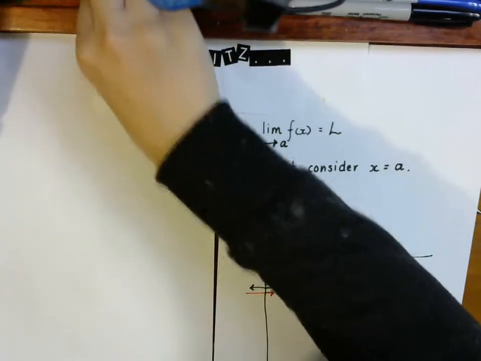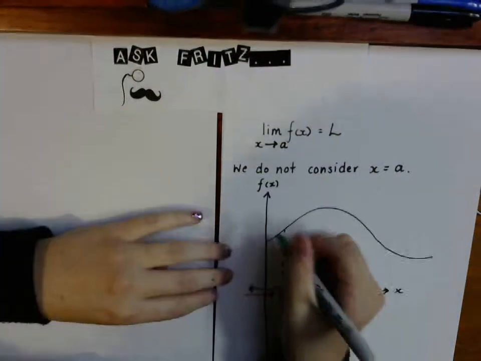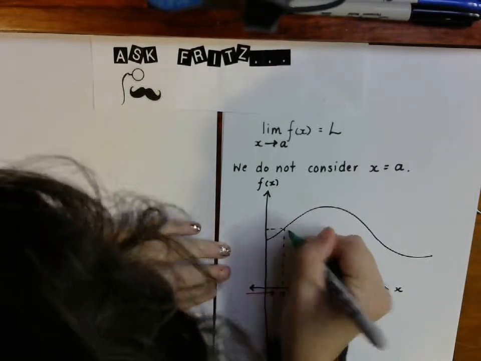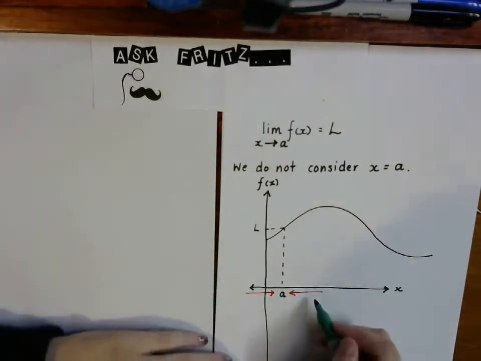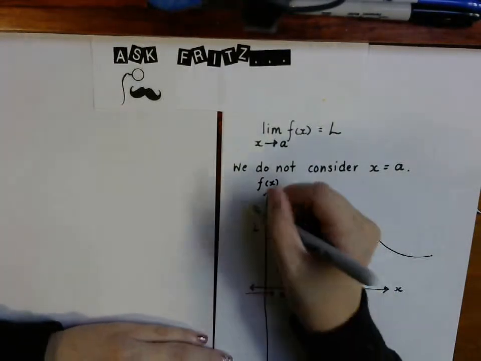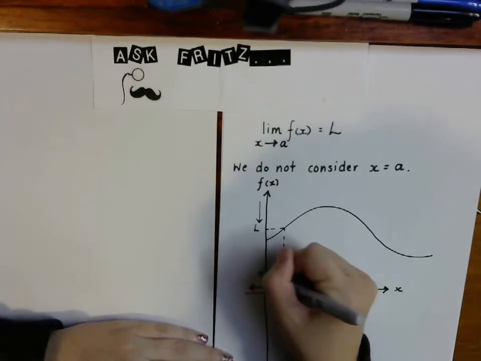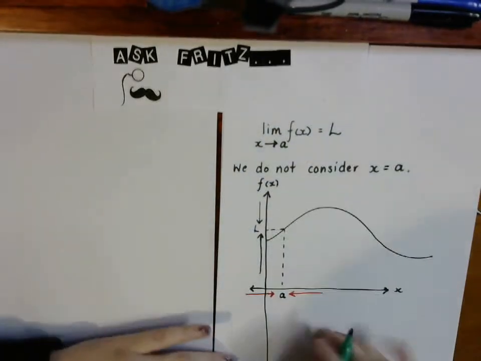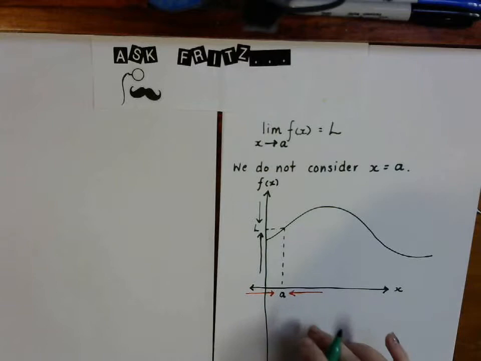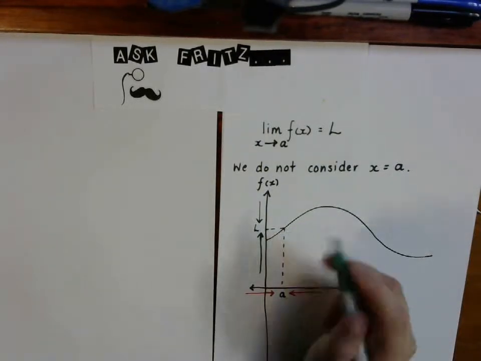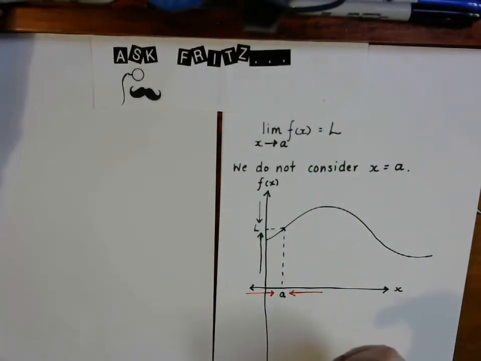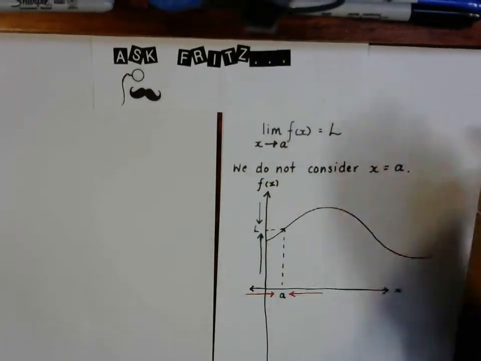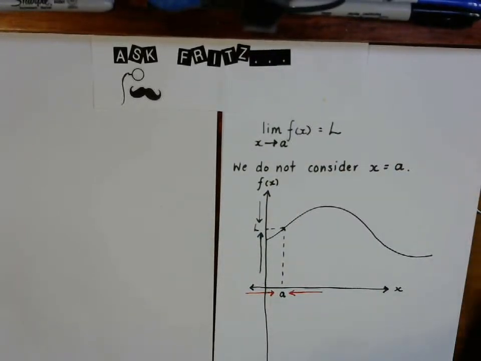And what we see is we get a value L, which it approaches from either side. As it tends towards a, so too does the function tend towards L. And this is what a limit is, essentially. So it's all a bit of an abstract kind of concept, but that's what it is in graphical form.